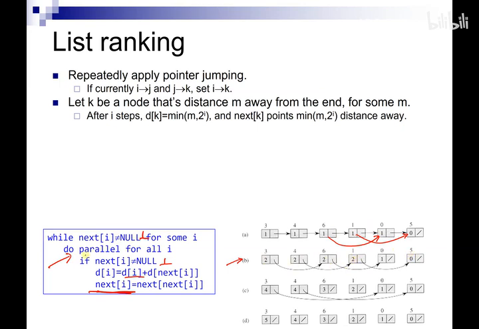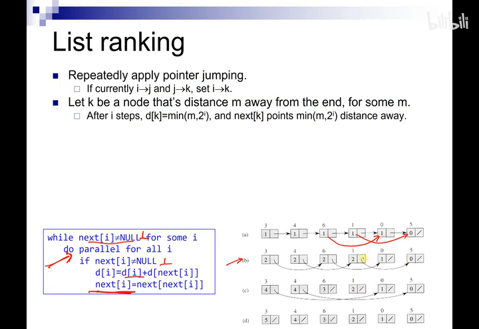Now you're going to apply this parallel step again. This guy's next pointer is now null, so he's not going to do anything, because he's only going to do something if his next pointer is not null. These other guys, so for example this guy, is going to set his distance to be equal to this distance plus his current distance, so that's going to become 2.